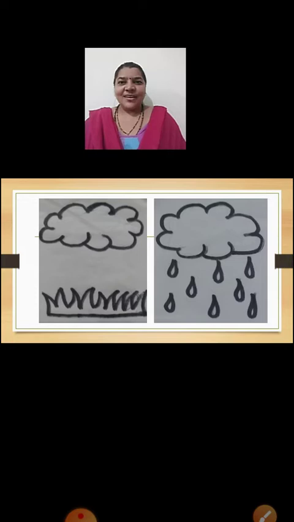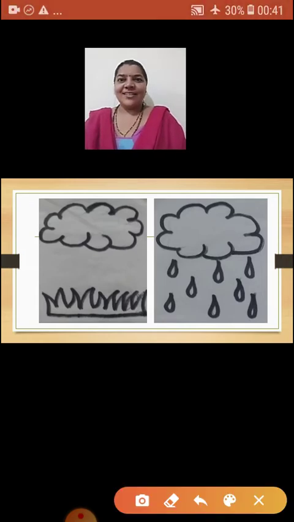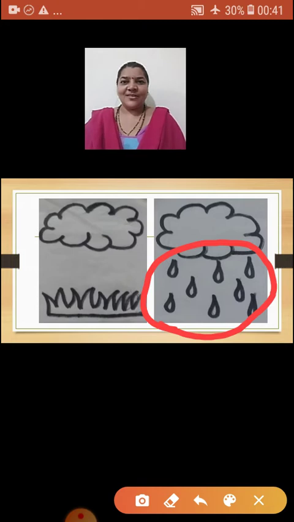And can you tell me now what is the difference here, children? Yes, I know now you can easily find out and we are going to circle the difference. Yes. See, in the first picture we can see only cloud, but in the second picture we can see raindrops. So we are going to circle all the raindrops.